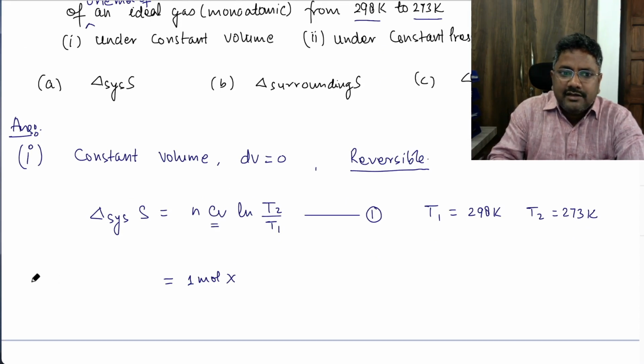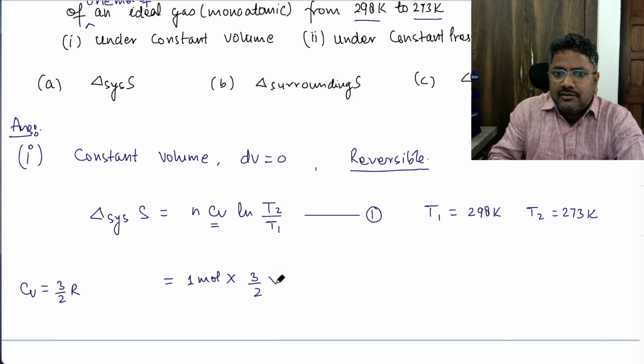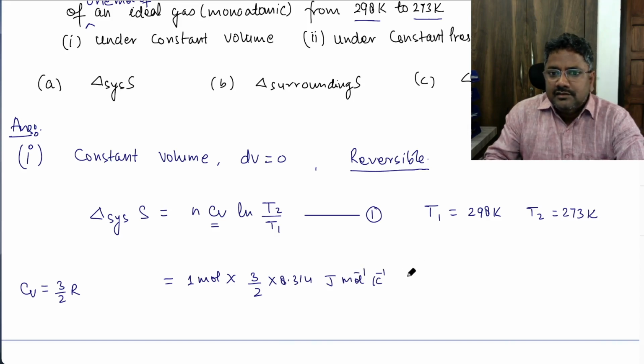For monoatomic, CV is equal to 3 by 2 R. So this is 3 by 2 times 8.314 joules per mole per degree Kelvin, into 2.303 log T2 is 273 over T1 is 298.